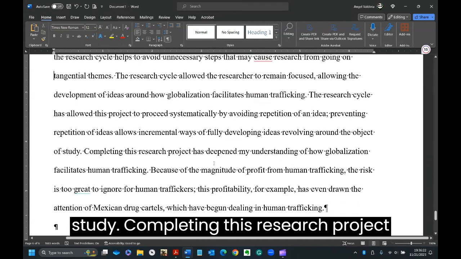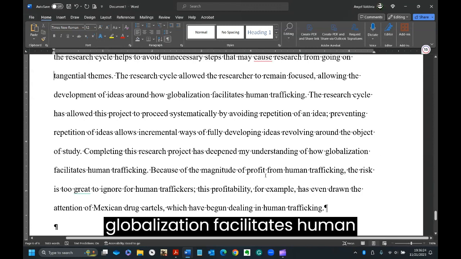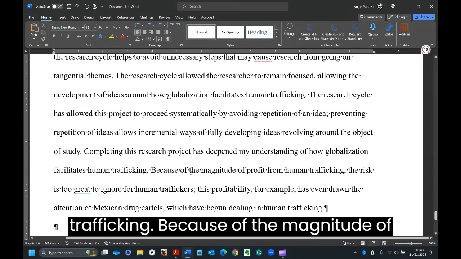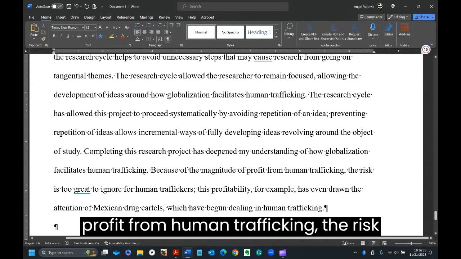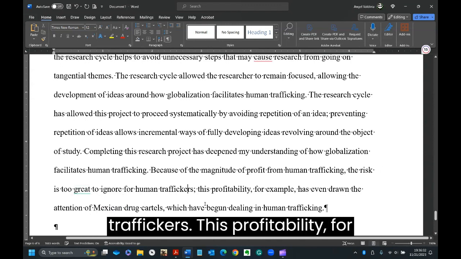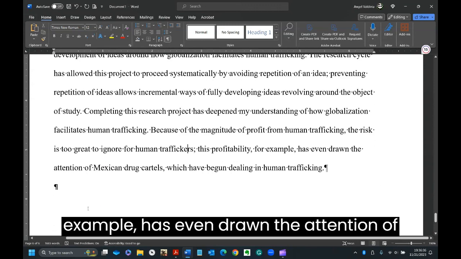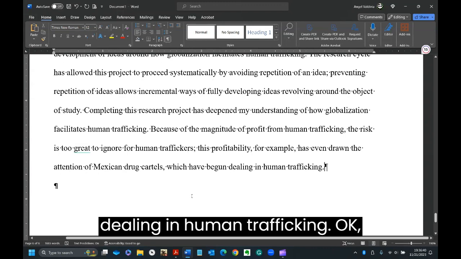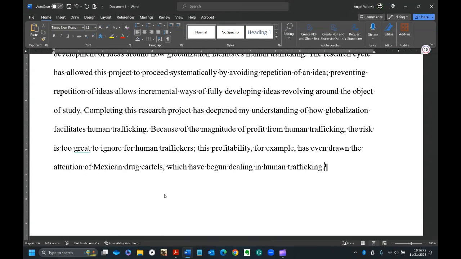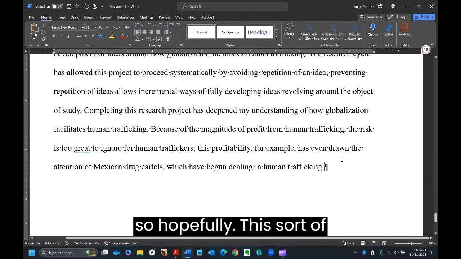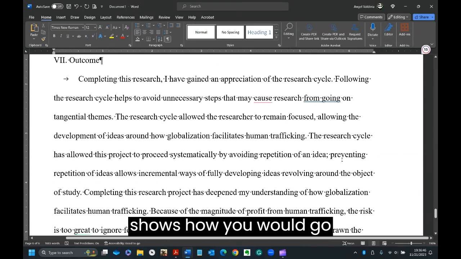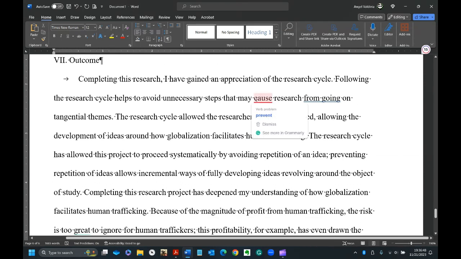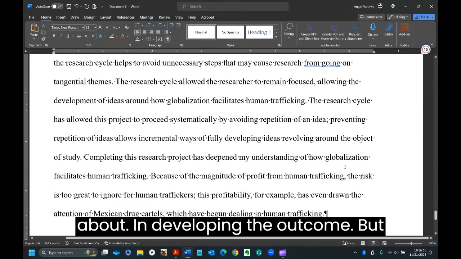Completing this research project has deepened my understanding of how globalization facilitates human trafficking. Because of the magnitude of profit from human trafficking, the risk is too great to ignore for human traffickers. This profitability, for example, has even drawn the attention of Mexican drug cartels, which have begun dealing in human trafficking. Okay. So hopefully this shows how you would go about developing the outcome.